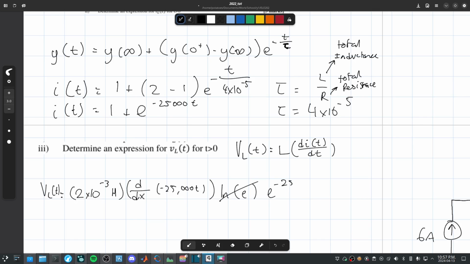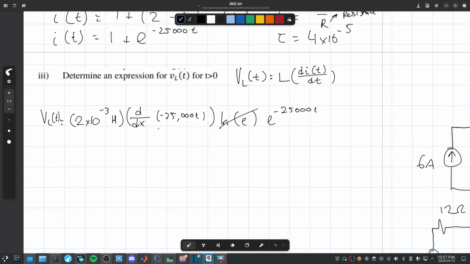E to the power of negative 25,000 t. This derivative just comes out to be negative 25,000. So VL(t) is equal to, let's multiply that, 2 times 10 to the negative 3 times negative 25,000. Negative 50 e to the negative 25,000 t. That's it. That's all you do.